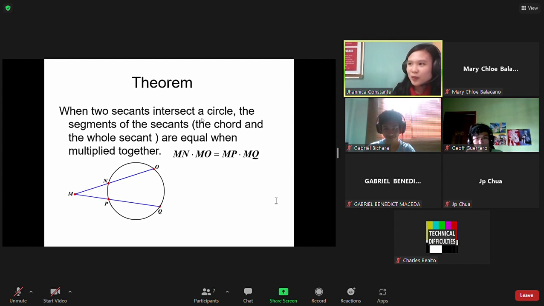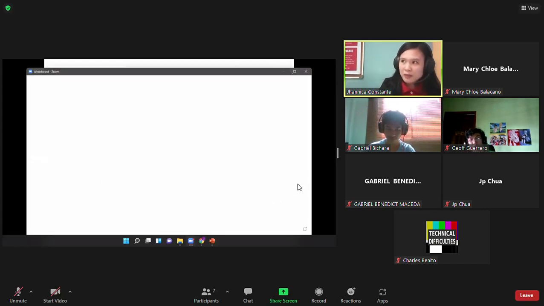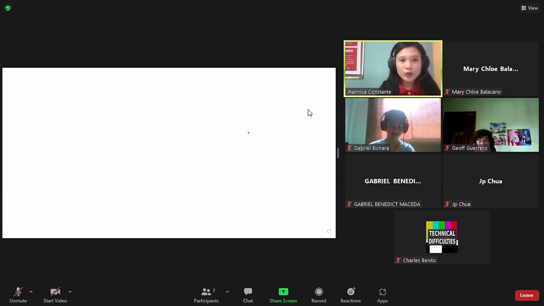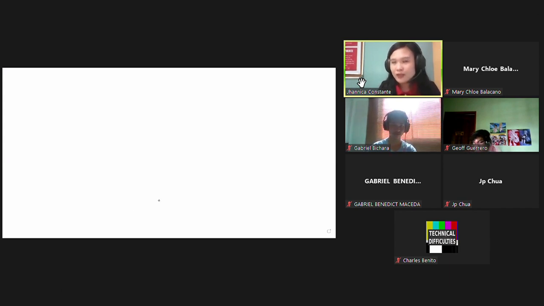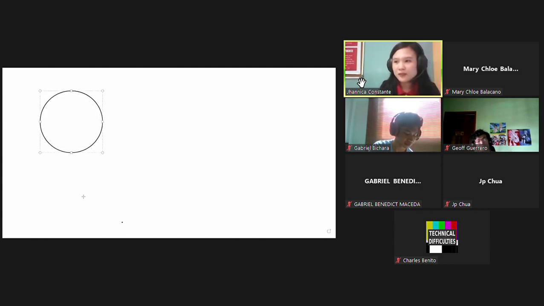For example, we have this circle, applying the theorem about secant and chord. The second theorem that we have about finding the length of a segment. So for example, this is our circle.